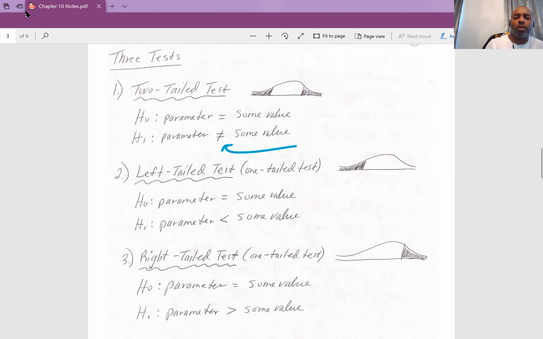So here, the keyword would be different, if they ask what's the probability of something being different. We dealt with less than before. And then here, the keyword would be greater than. So keywords will dictate what symbol we'll use for our three tests, and you'll see when we get to the examples.